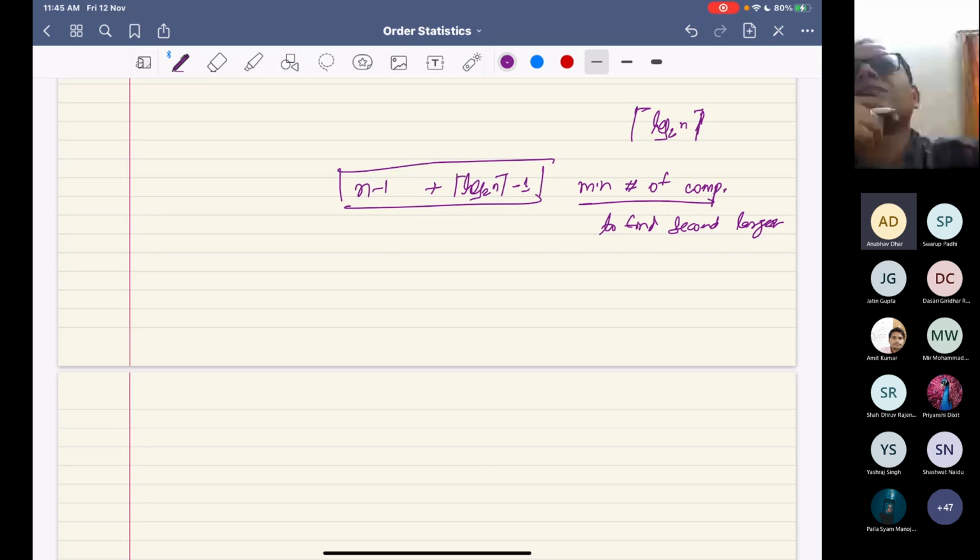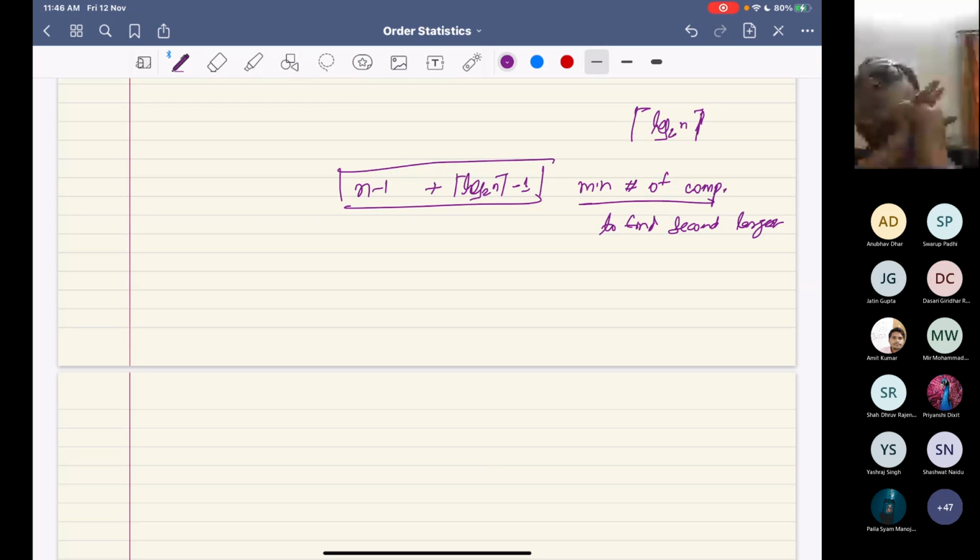Sir, there we had an argument that each match can eliminate exactly one team. So after the algorithm, there should be n minus 1 teams eliminated. So the minimum should be n minus 1. But how do we get some similar kind of logic in this case? See, that's a good question.